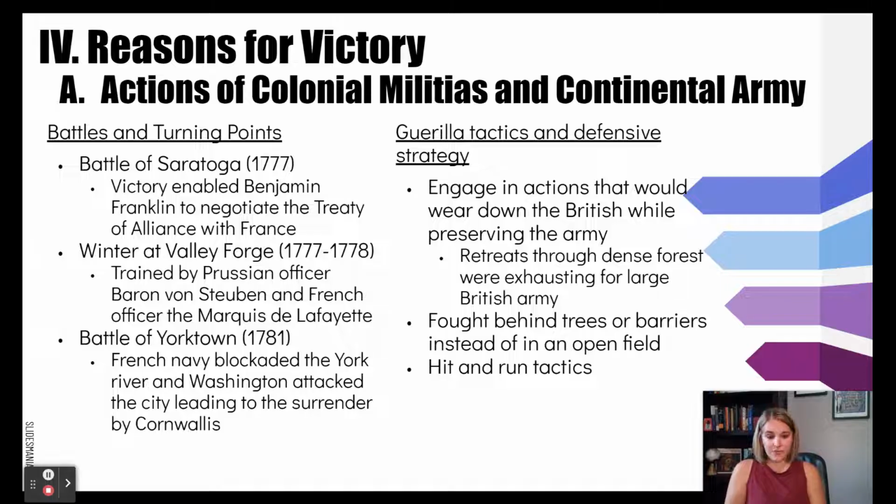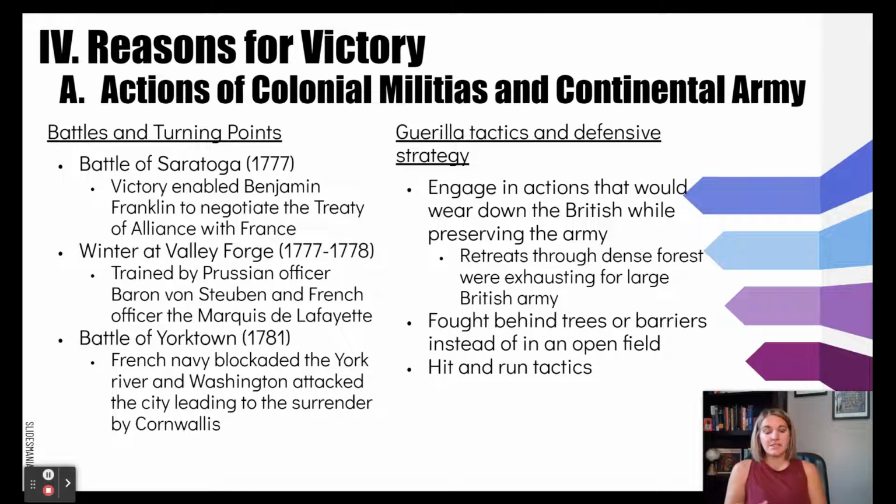The winter at Valley Forge was also really significant during the war. It was just a brutal winter where a quarter of the Continental Army actually died from malnutrition, exposure, etc. However, near the end of the winter, a Prussian officer, Baron von Steuben, and the French officer I previously mentioned, the Marquis de Lafayette, actually helped to train the troops.